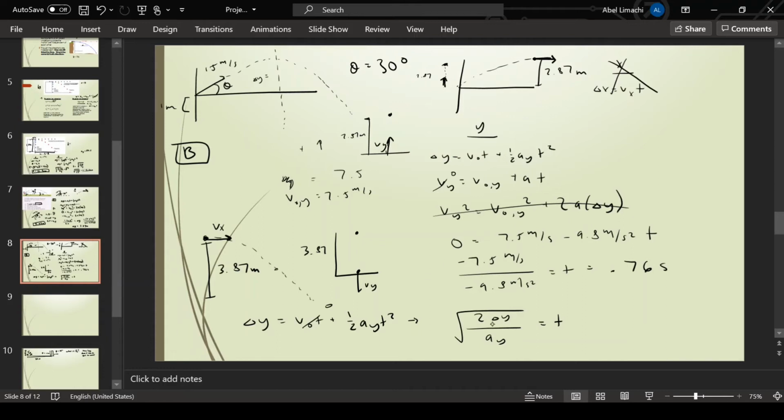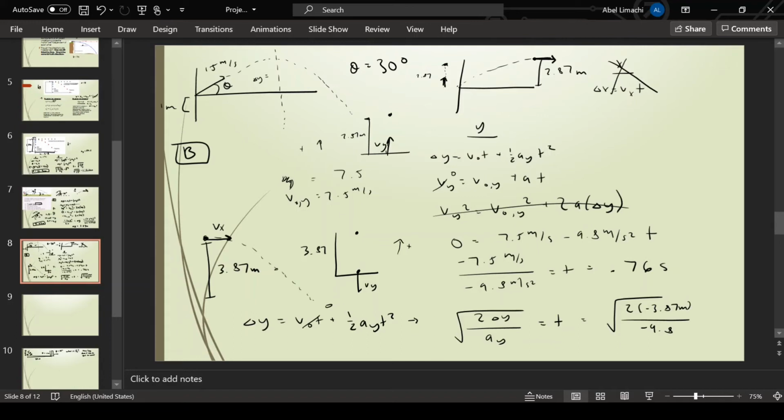We know what this delta y is. If we're calling upwards positive still, just like how we set up here, then it's going to travel negative 3.87 meters. So this is 2 times negative 3.87 meters over, and since gravity g is always pointing towards the ground, g is also negative, so negative 9.8.